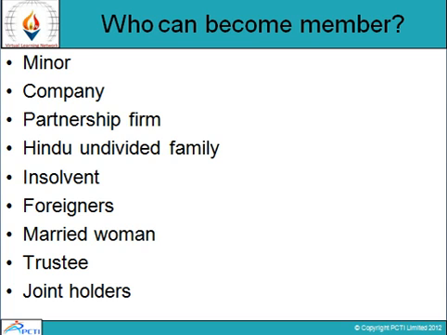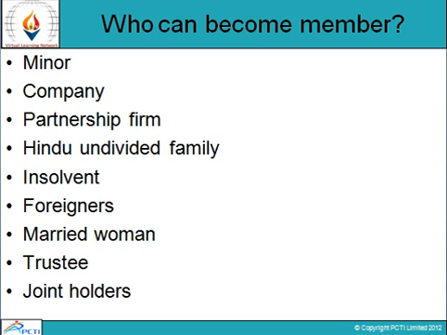Foreigners. A foreigner may become a shareholder with the general or specified permission of the Reserve Bank of India under the Foreign Exchange Regulation Act 1973. But if he becomes an alien enemy, his rights as a member shall be suspended. Married woman. A married woman is competent to contract and as such can become a member of a company.